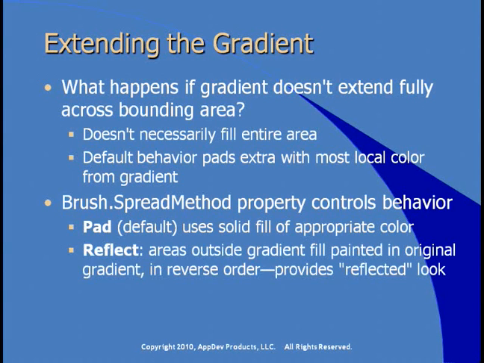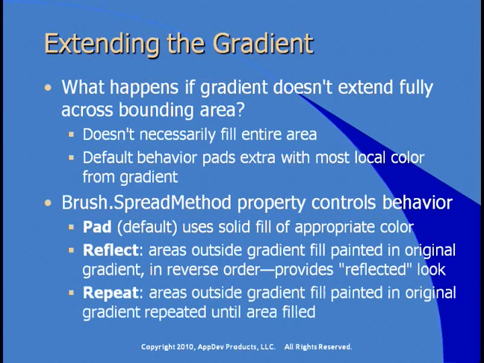There's reflect, in which areas outside the gradient fill are painted in the original gradient in reverse order, and that provides a reflected look. There's also a repeat option, where areas outside the gradient are painted in the original gradient, repeated until the area has been completely filled.